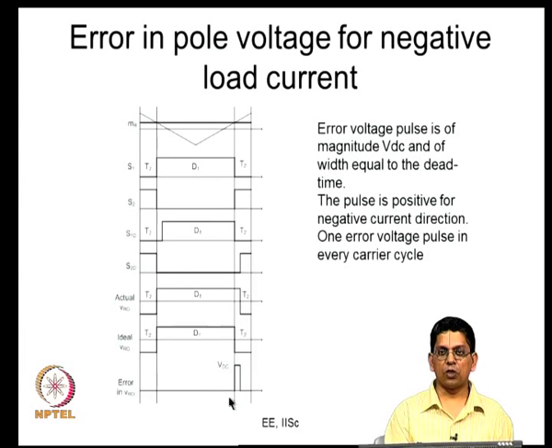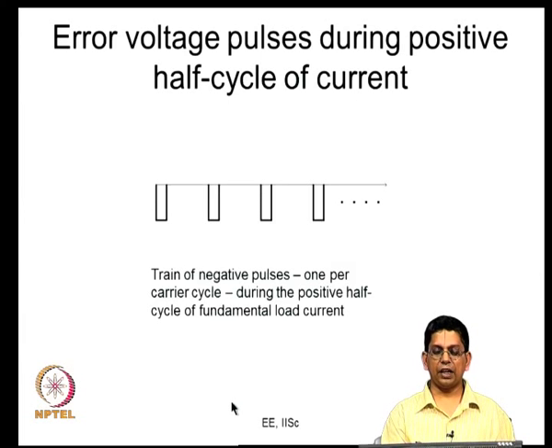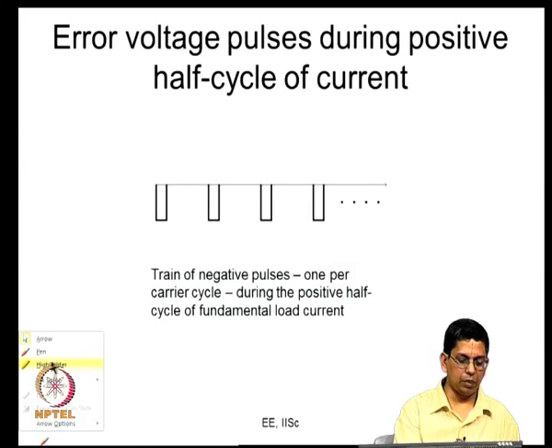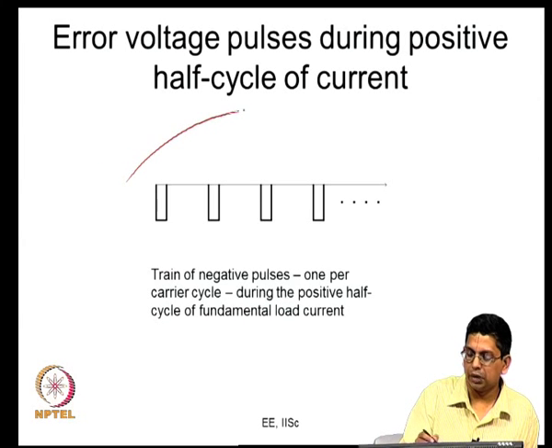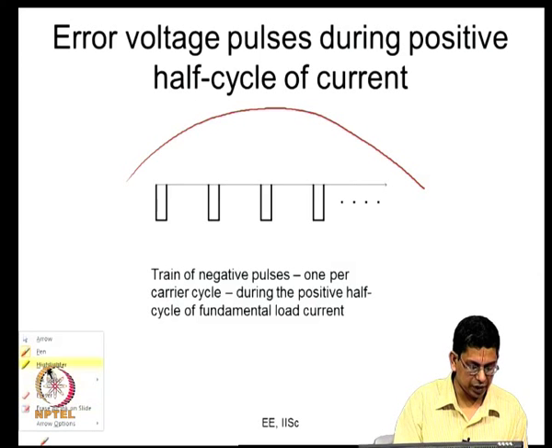For our convention, positive direction of current has negative voltage pulses, and negative direction of current has positive voltage pulses. So, if you are looking at the positive half cycle of the current, this is a complete positive half cycle of the current waveform. Let me just draw this here. The current is going through a positive half cycle. So, the error voltages are negative here.